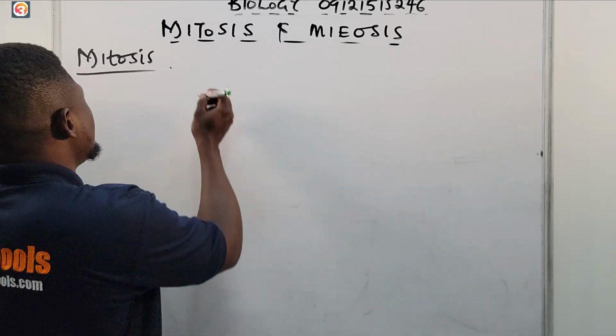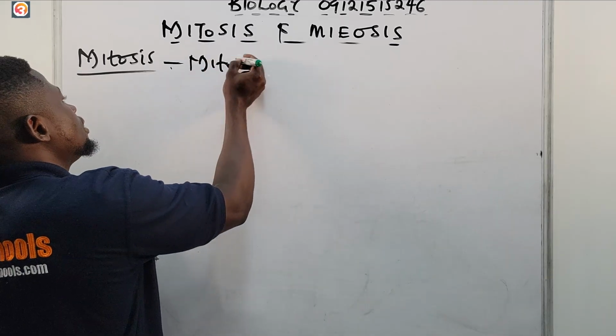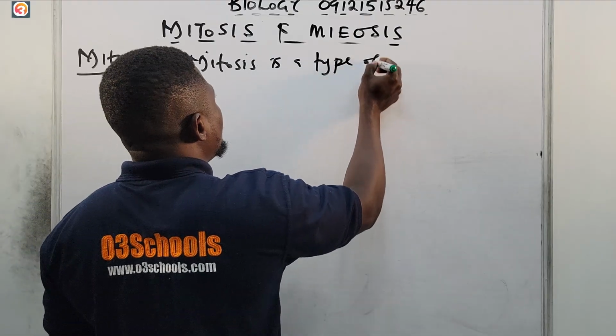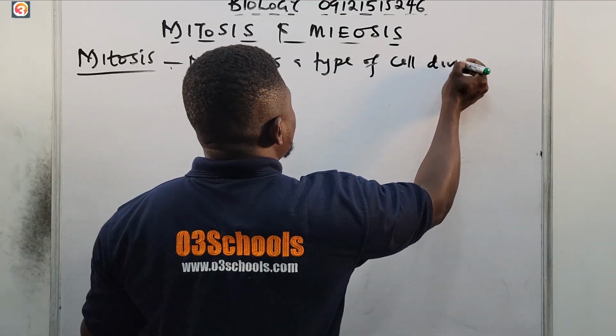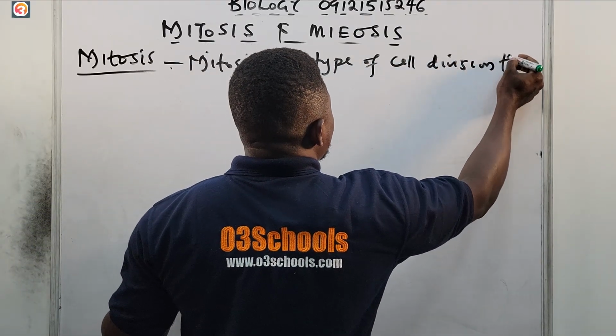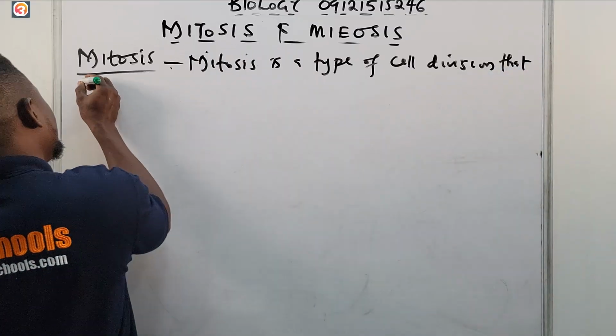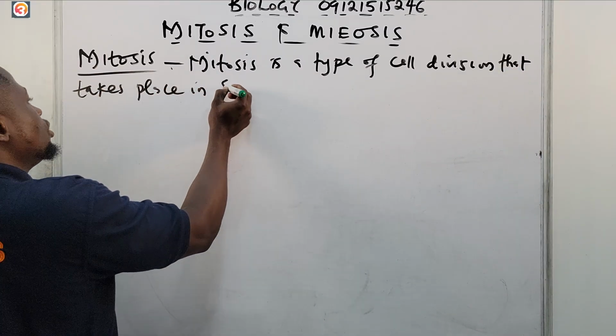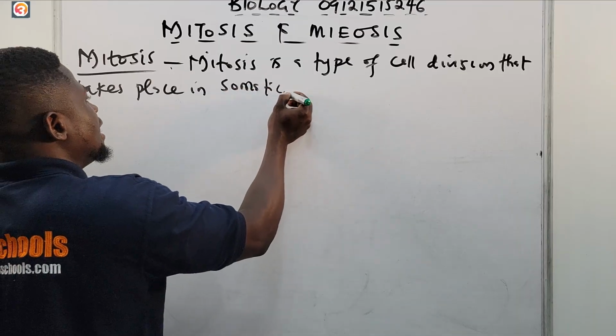We say mitosis is a type of cell division that takes place in somatic cells.